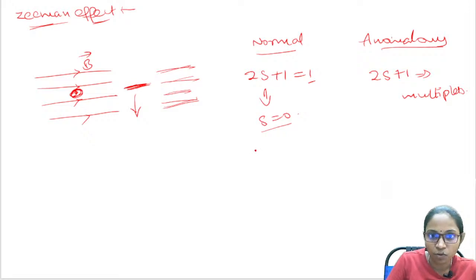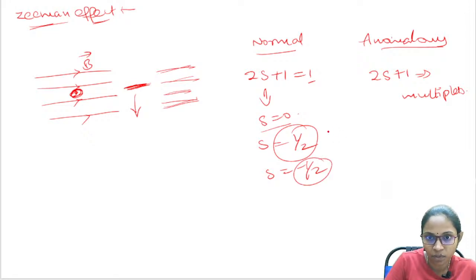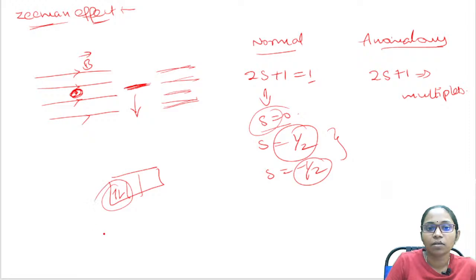S will be 0 for electrons which are antiparallel to each other. So S will be 0 when the electrons are antiparallel to each other. That means the subshells are completely filled. The subshells must be completely filled.